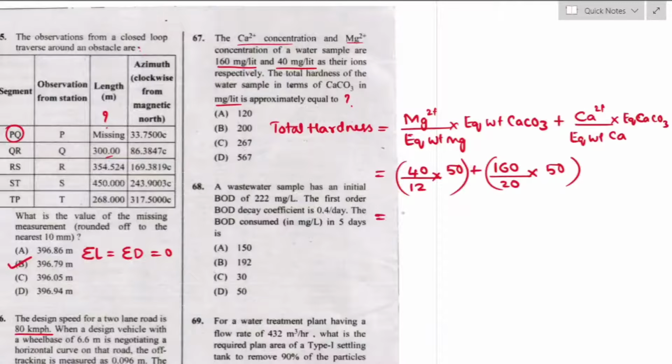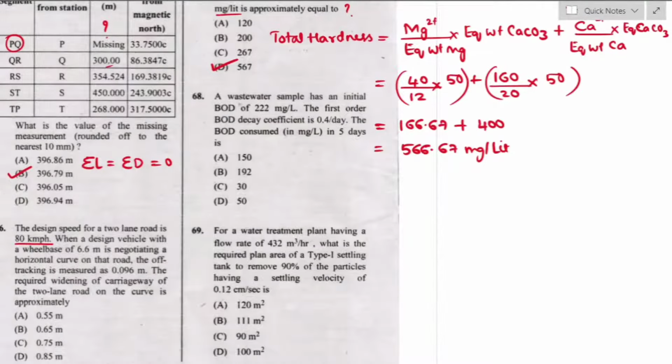So the total hardness of a water sample will be 166.67 mg per liter plus 400 mg per liter, which is equal to 566.67 mg per liter. So option D is the right answer.